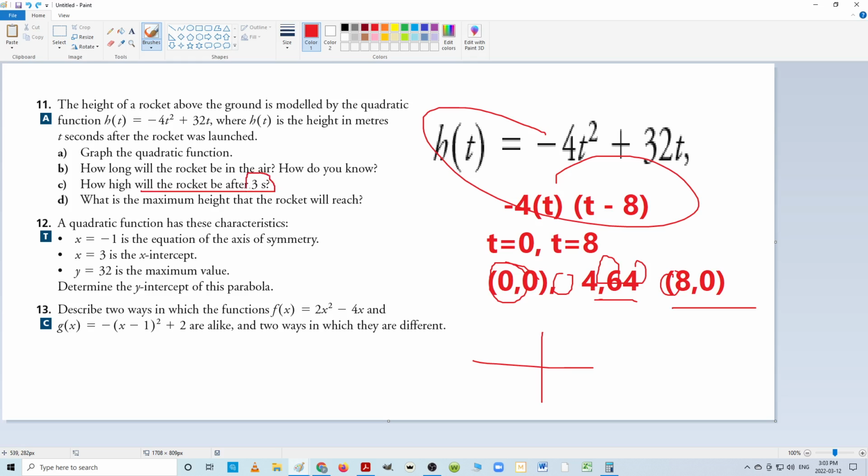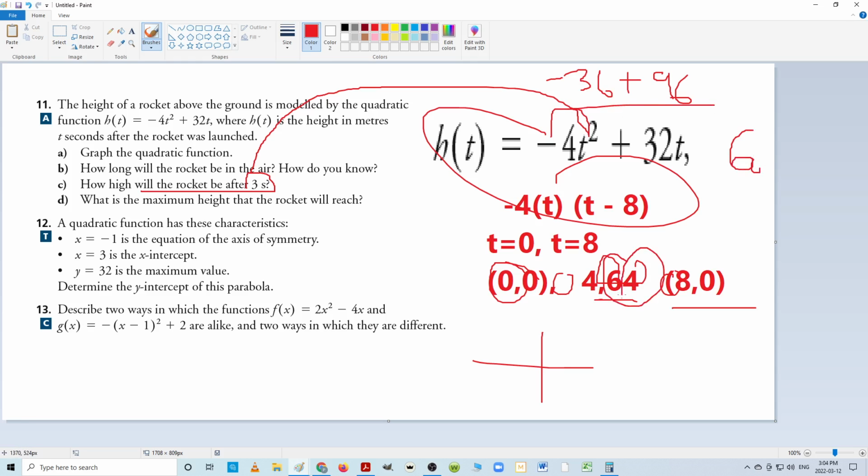So for this, you need to punch in the 3 here. You get 3 squared is 9. 9 times -4 is minus 36. And then you put the 3 over here. 3 times 32 is 96. And then when I add them together, I get 60.